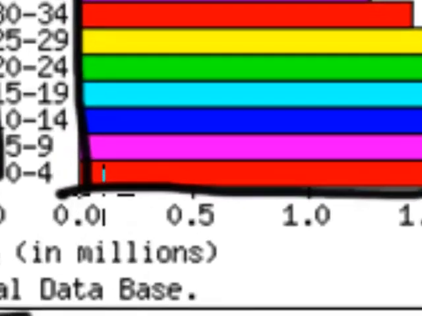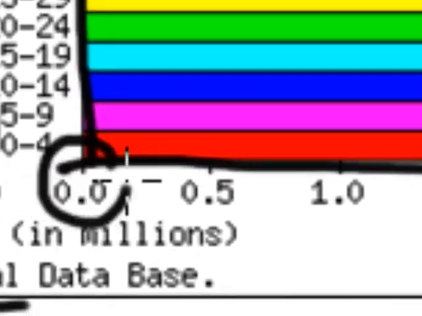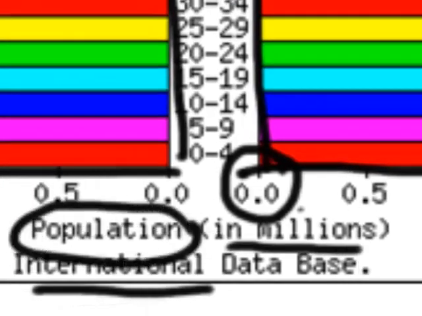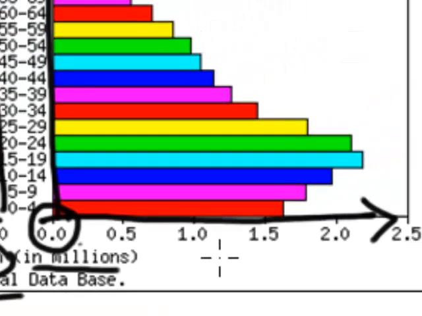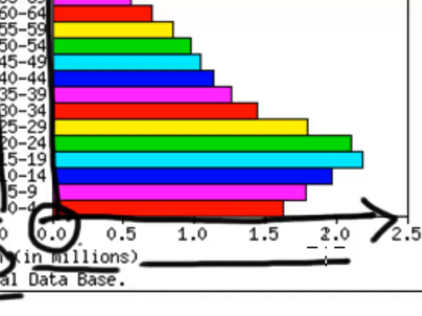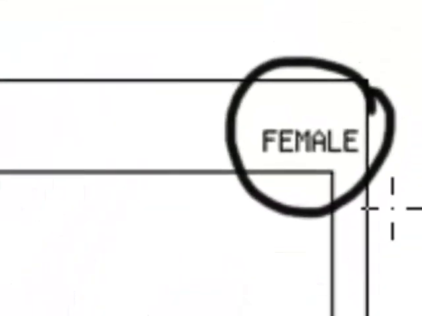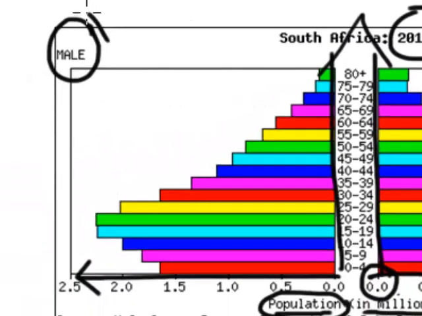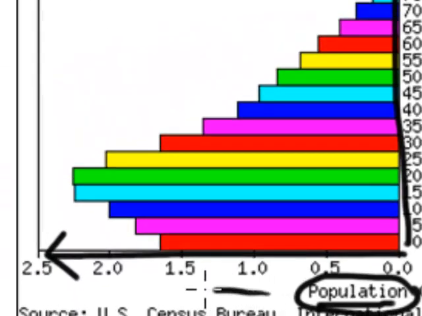Running down the x-axis, we start with 0 and we increase in millions to show the population. The x-axis then, the variable is population number, growing in increasing numbers, millions. To the right, it shows us the number of females. To the left, it shows us also in increasing numbers, the population of males.